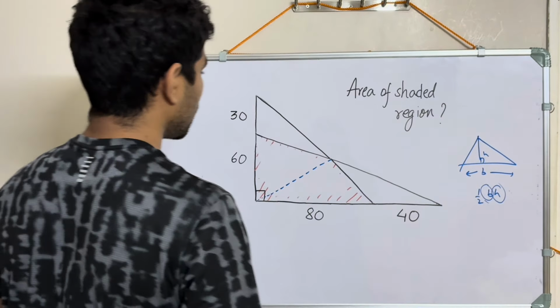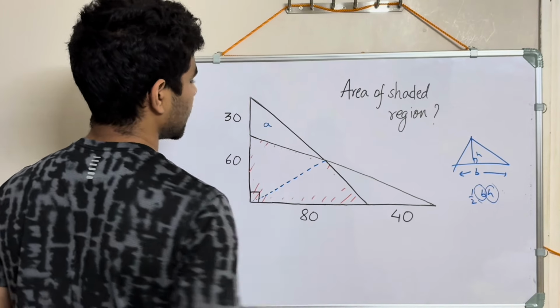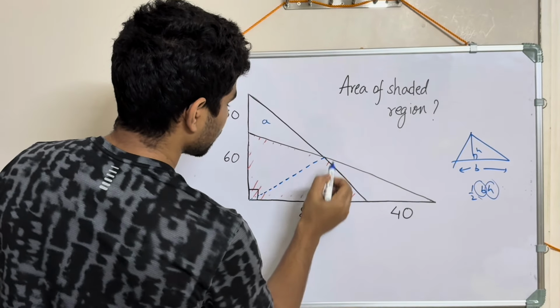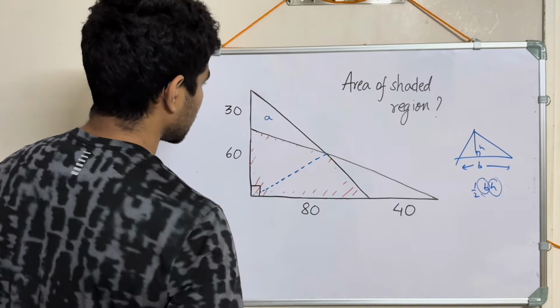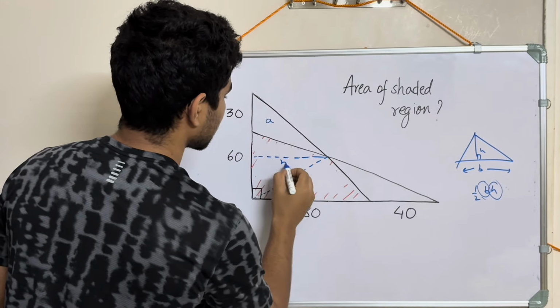Okay. Now let's assume that the area of this smaller triangle be A. Now, suppose this is the point from which we are dropping an altitude on this base, so we can assume the height of this altitude is h.